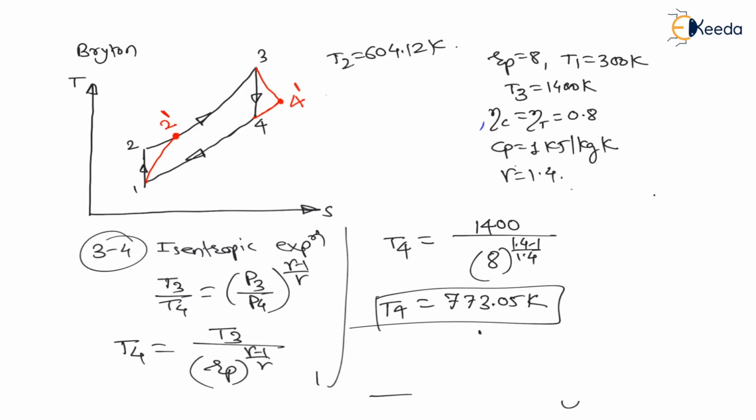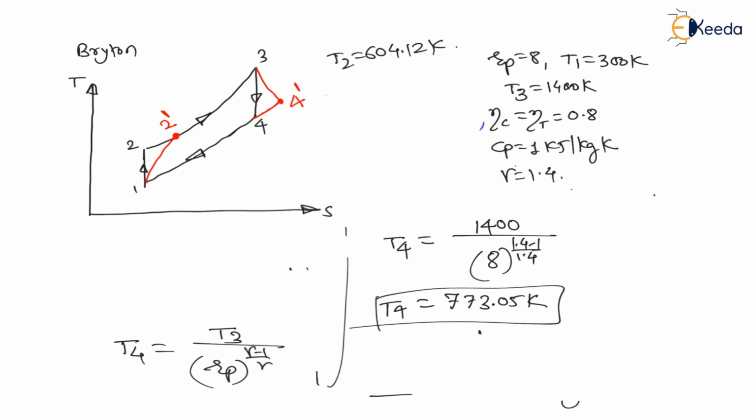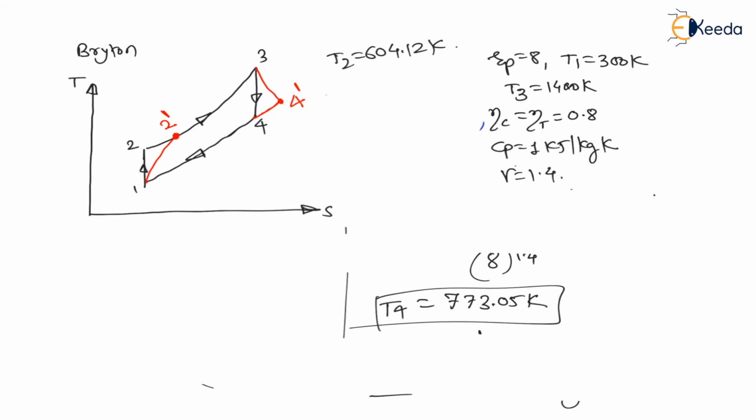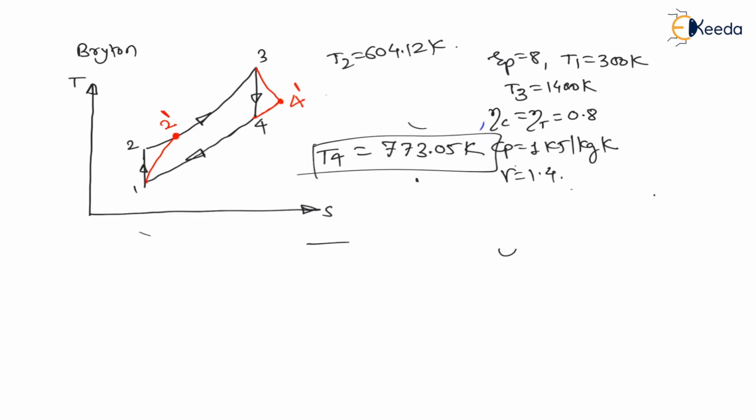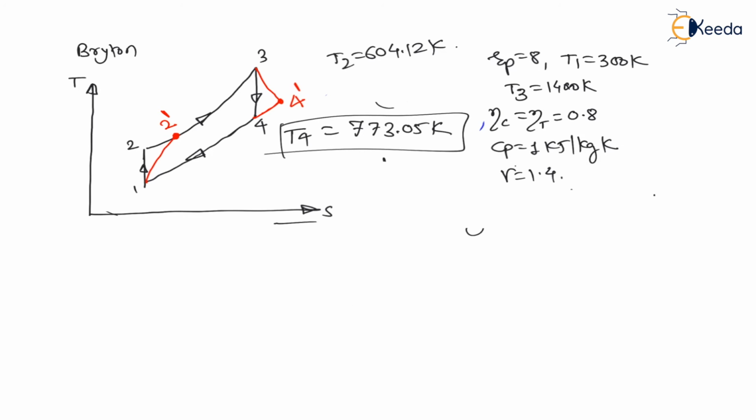Now for 4', 3 to 4 is a turbine, and because of the losses in the turbine, that is, the efficiency of the turbine is given, this point 4 shifts to 4'. So let us consider the efficiency of the turbine. This T4 is again required for us for further calculations.